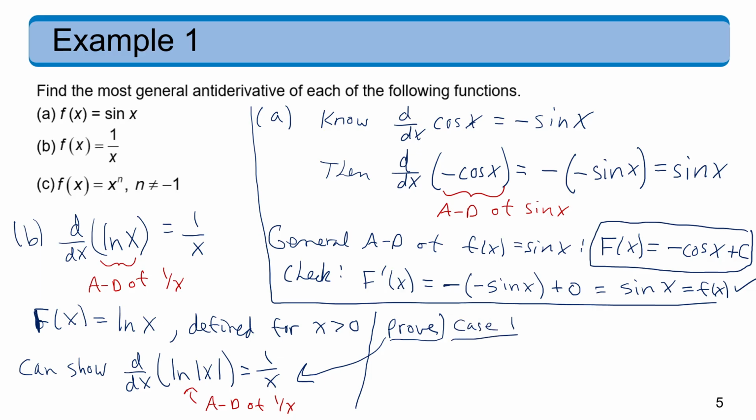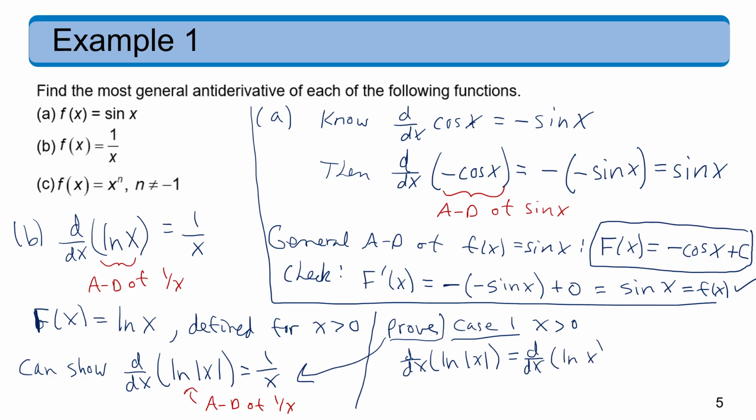Case 1, x is positive. So in this case, the derivative of our function, natural log absolute value of x, since x is positive, we can just drop off the absolute value and it will be the same.